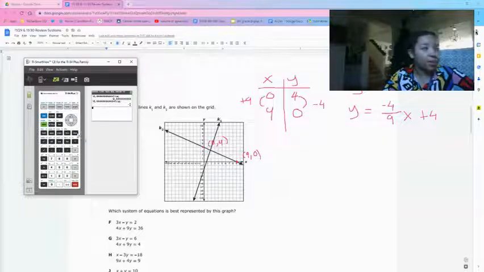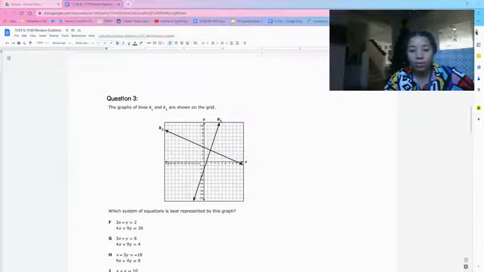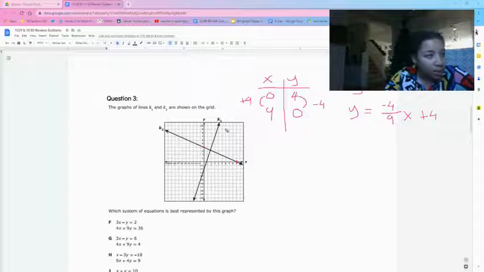Now, let's do the next one. We're going to do K1, and we're going to do that one in blue. Okay, I'm going to minimize this. So here, go back. I'm going to erase this stuff, and I'm going to put 2 new points.